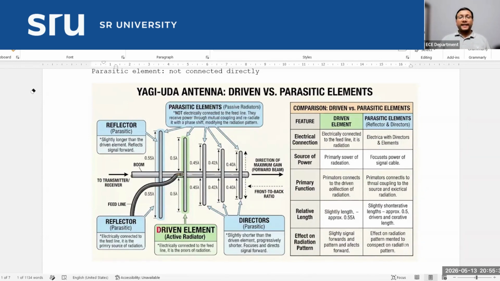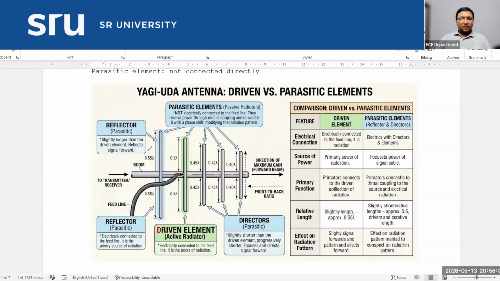Later some advanced versions came of this Yagi-Uda antenna, but the main philosophy is similar: there will be one main radiator that is called the driven element. This one is the driven element.